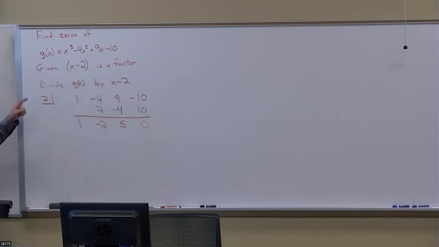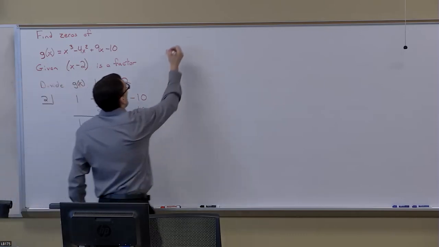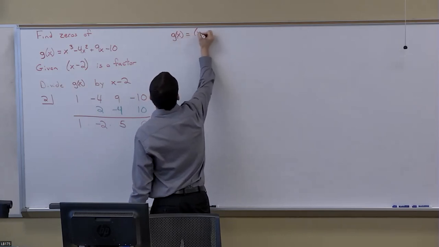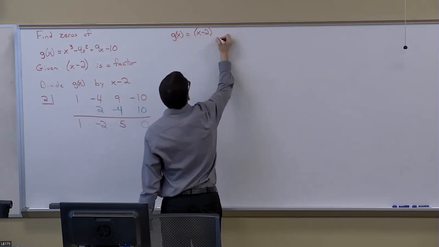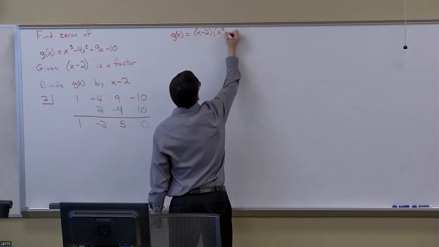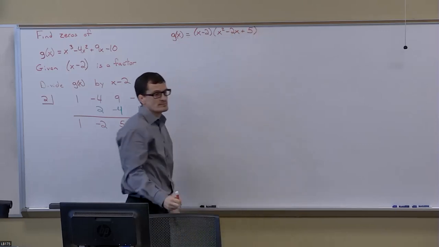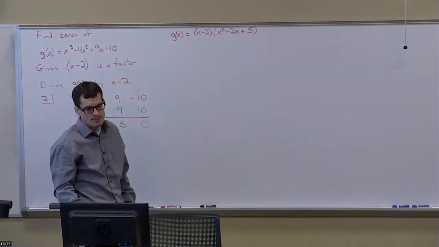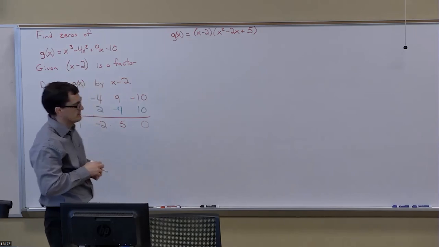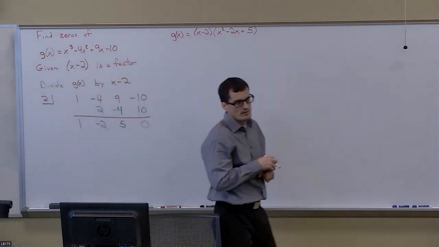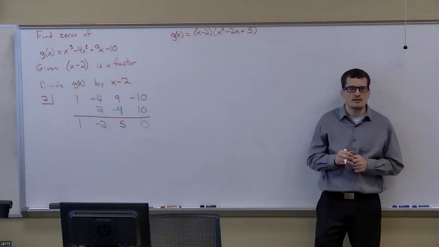That tells me x minus 2 was a factor, or 2 was a zero. So we're all set there. And it also tells me that my g of x can be rewritten as x minus 2 multiplied times x squared minus 2x plus 5. So I have a linear piece and a quadratic piece.